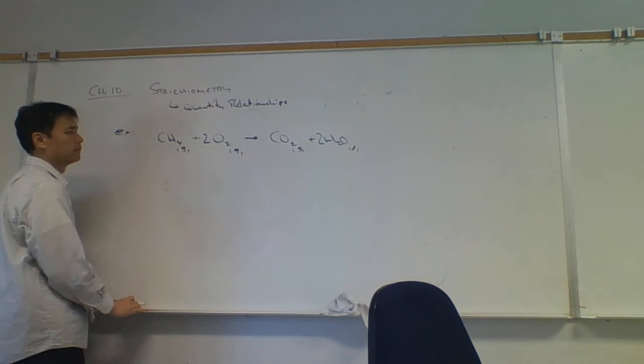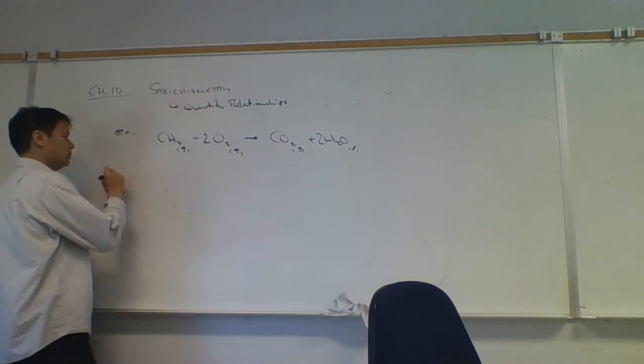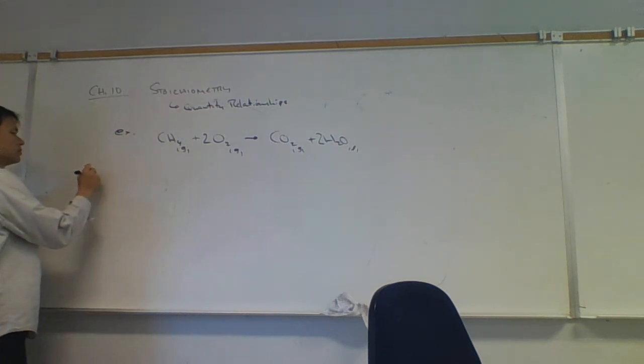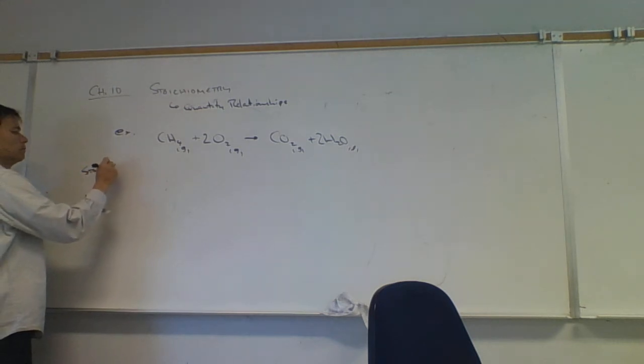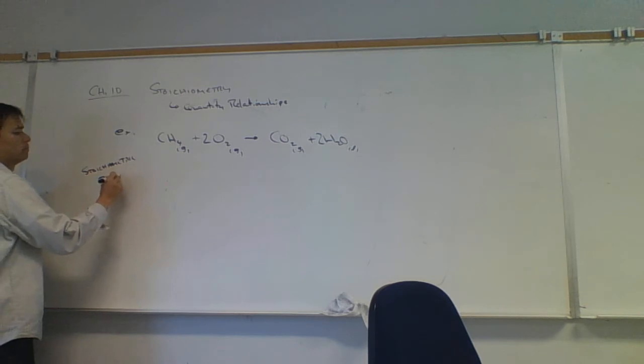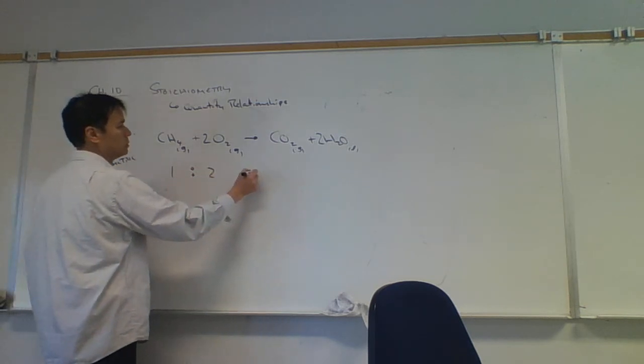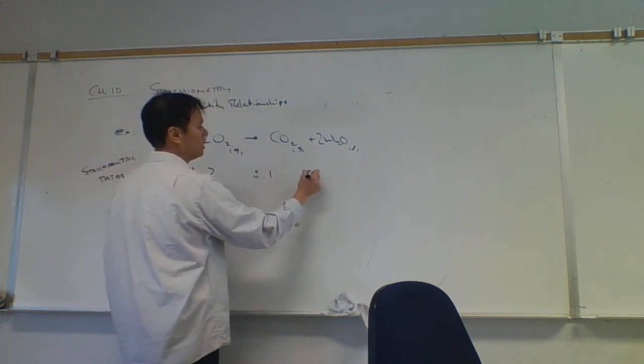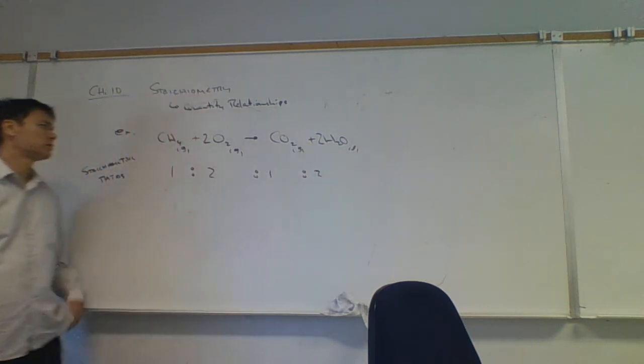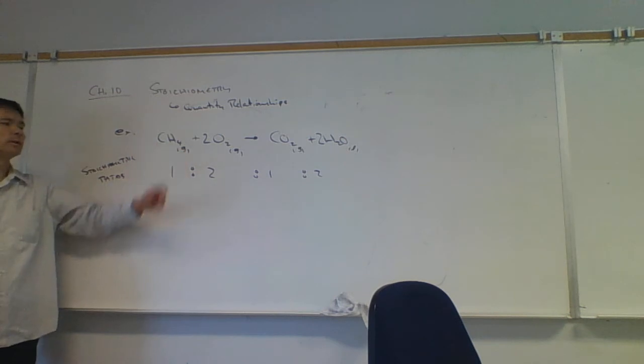That's balanced. Okay, so the first quantity relationship is the stoichiometric ratios. The stoichiometric ratio is a 1 to 2 to 1 to 2 ratio. So I need 1 part of methane, 2 parts of oxygen.